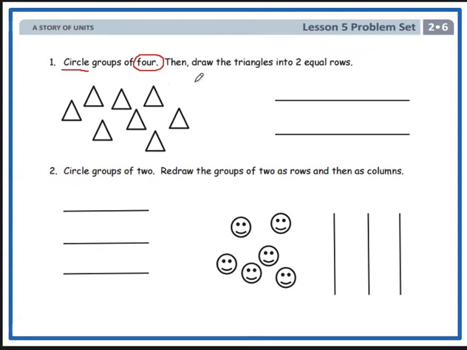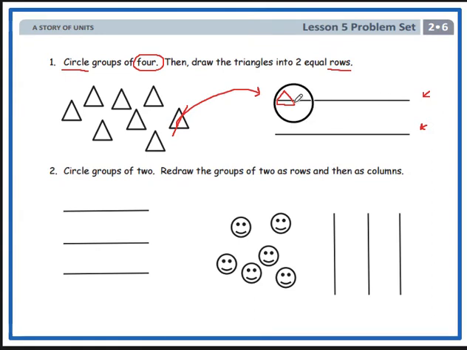In this case, 4 triangles. Then draw the triangles into 2 equal rows. So they already did the hard work for you. Look at, they drew 2 rows right here. So your job is to imagine that you're taking all these triangles and you're moving them to the right space on your rows.